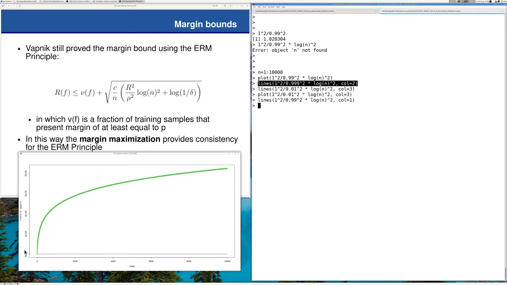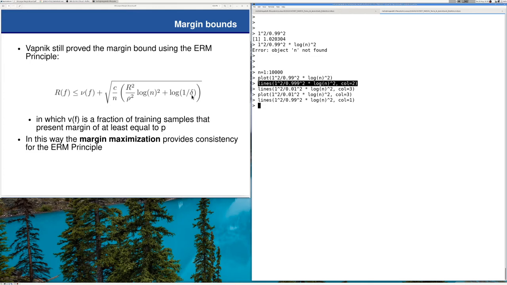Take a look, it lies down here. So there's a huge difference in terms of shattering coefficients, as you guys can notice, if my margin is very small. But if my margin is very, very large, almost as large as R, my shattering coefficient reduces a lot, as you might see over here, okay?